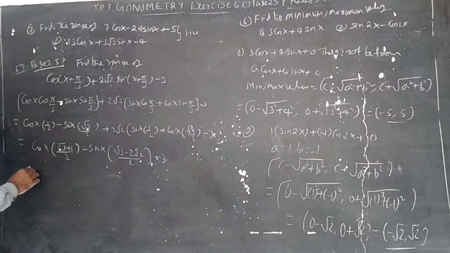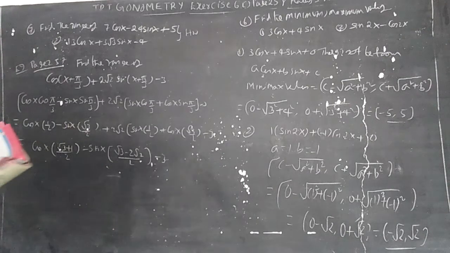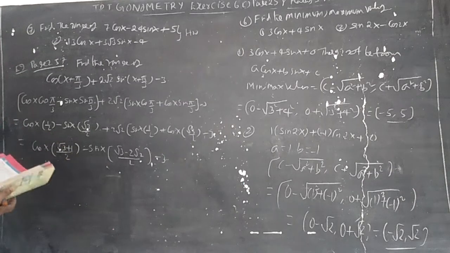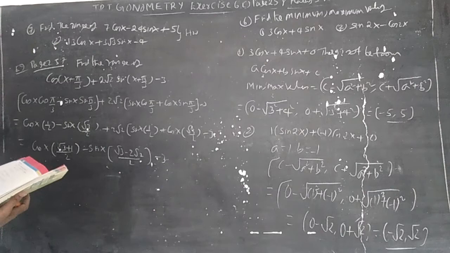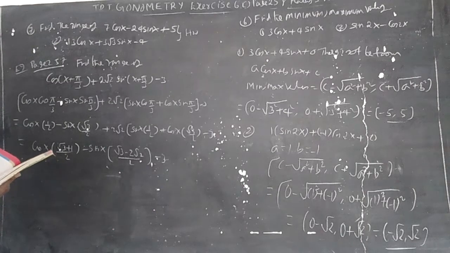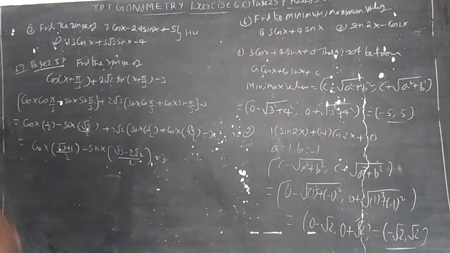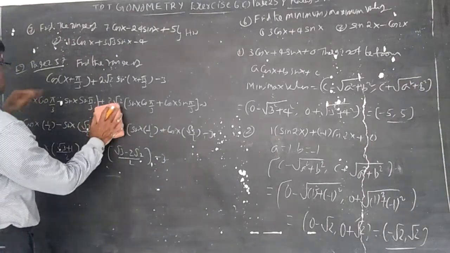So use the formula C minus root of A square plus B square. He is asking the maximum and minimum value. We got it like this: cos of x plus pi by 3 plus 2 root 2 into sin of x plus pi by 3 minus 3. Of course, students, no need to multiply, it becomes a very lengthy question.